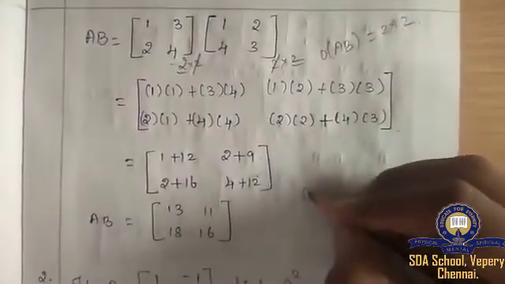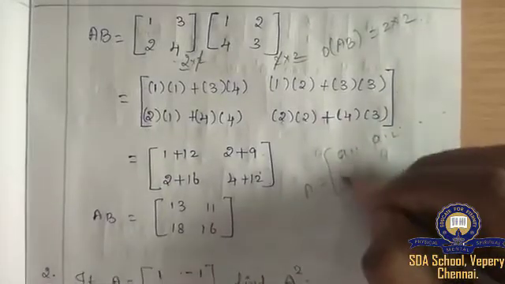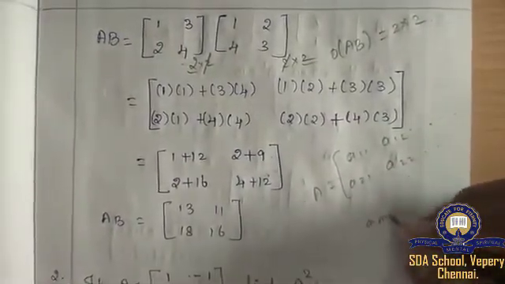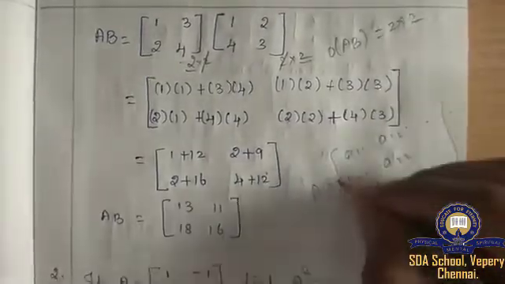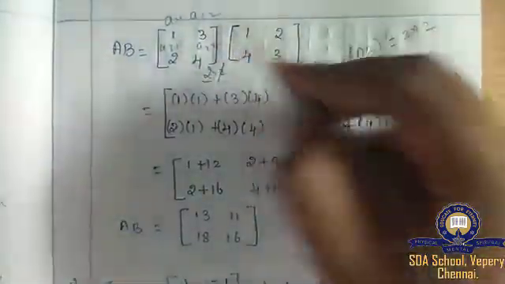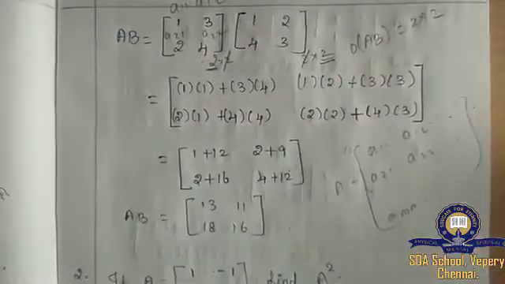I have given the general form of the matrices, A11, A12 and so on, A21, A22 and so on, A M N and so on. Hope you people remember. So here this is A11, A12, A21, A22. Here also the same. So my resultant matrix must be of the order 2 by 2.